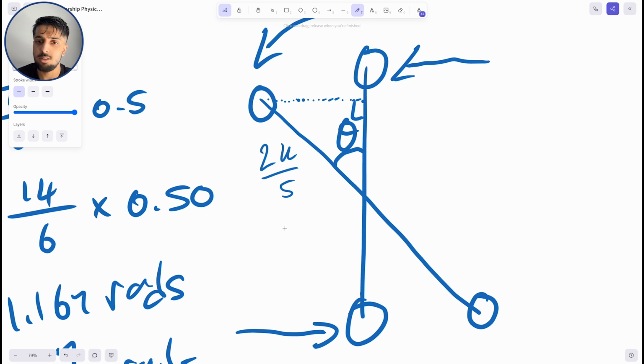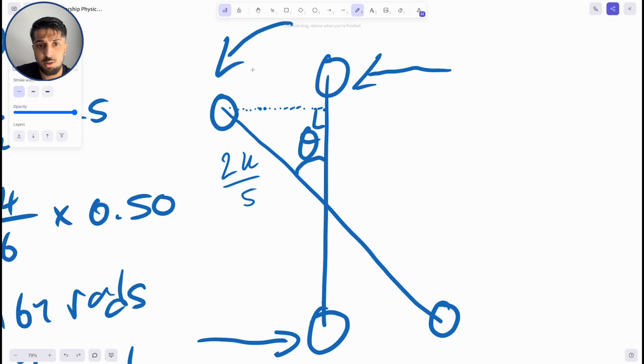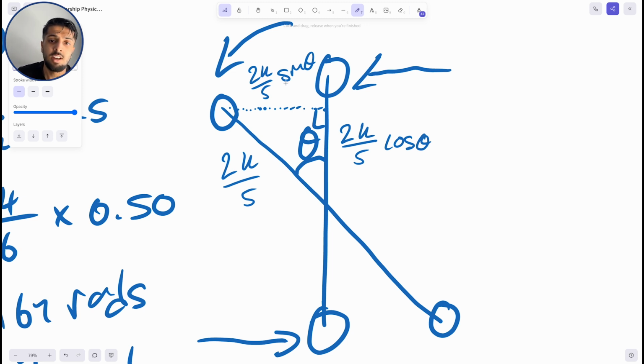We've seen that many times. And therefore, this distance right here must be 2k over 5 sine theta, and this distance right here must be 2k over 5 cos theta. And therefore, as you can see, relative to the center of mass, the masses m2 and m4 have moved on the x-axis by a distance of 2k over 5 sine theta, and on the y-axis by 2k over 5 cos theta.